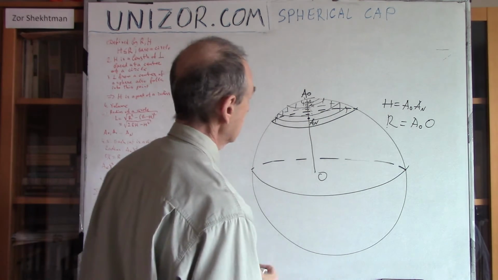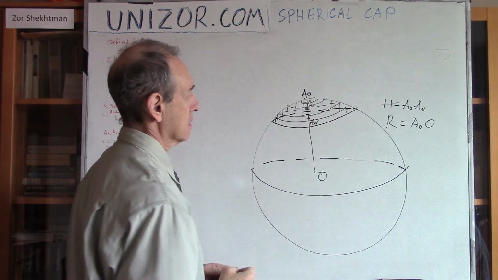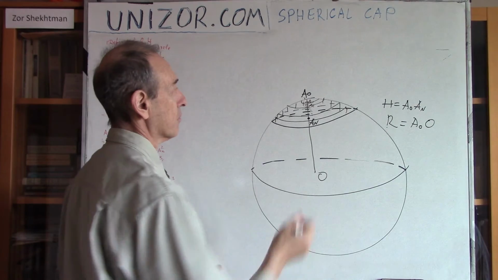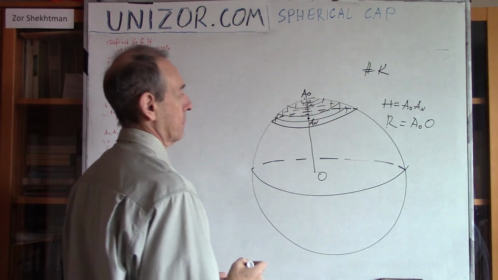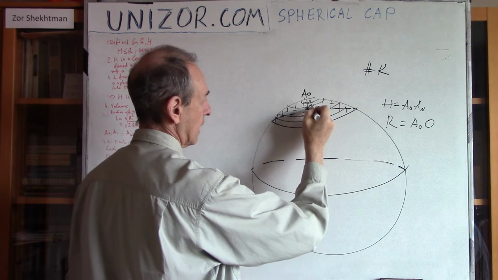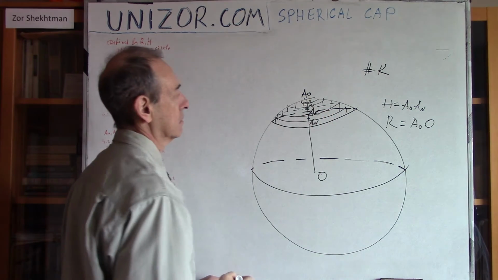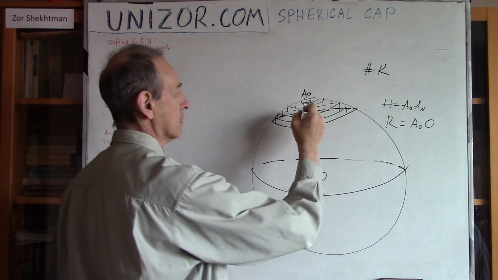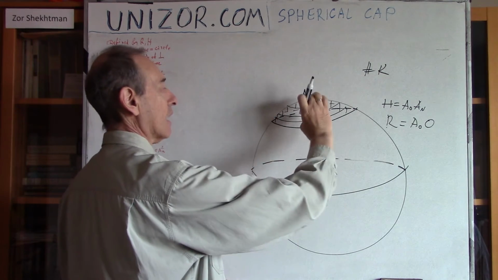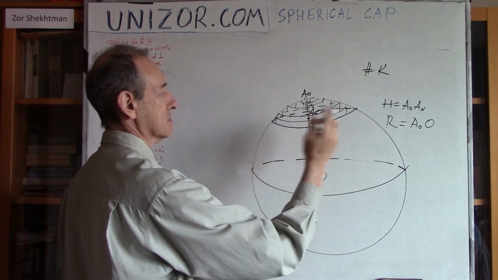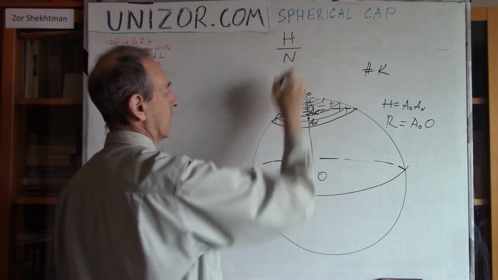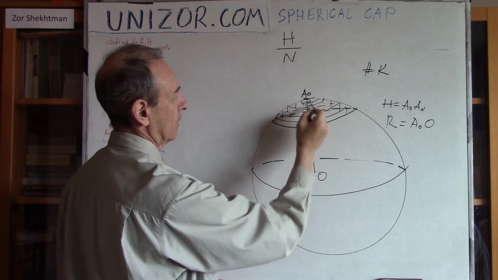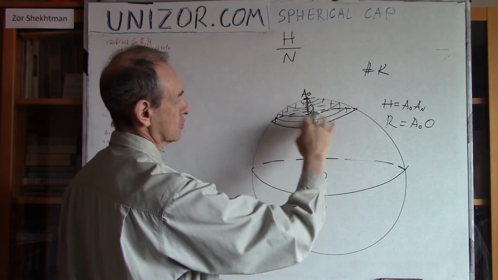Alright, so if I want to calculate the volume of the cylinder number K, somewhere here I have AK. So what's the volume of the cylinder? Now the height of each cylinder is very easy. Height of each cylinder is h divided by n, right? Because I divided this piece into n equal parts.